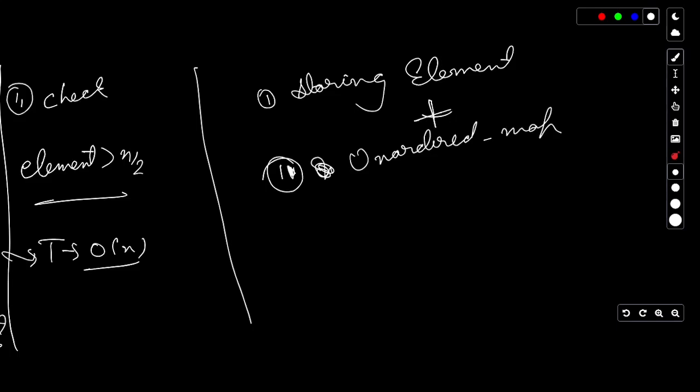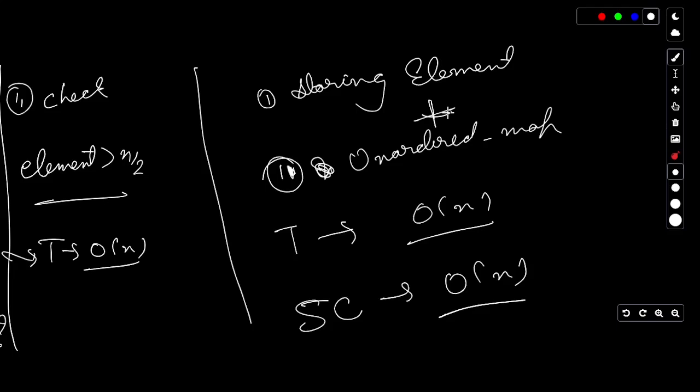The total time complexity adds up to big O of n. There will also be a space complexity, and it would be big O of n because we are storing each and every element with its count.